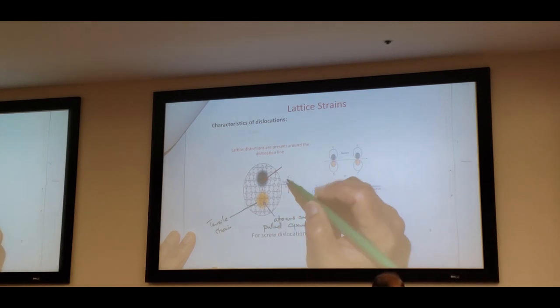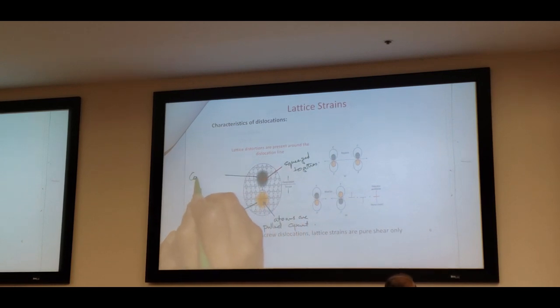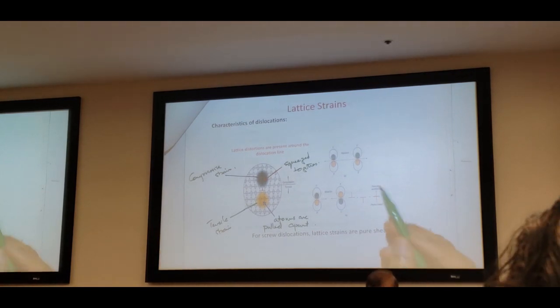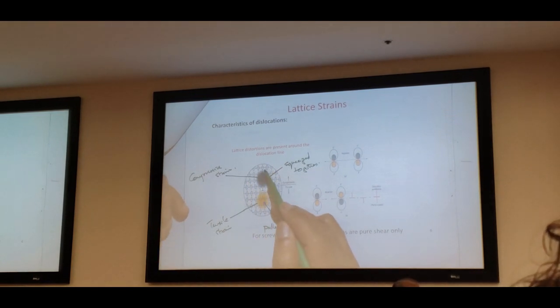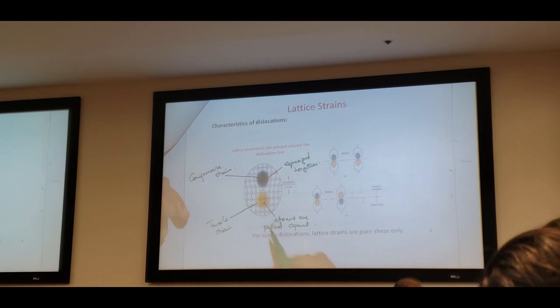Whereas here, atoms are squeezed together, and there is a compressive strain here. Got it? Clear? So you have this compressive strain here, and there is a tensile strain at the bottom.